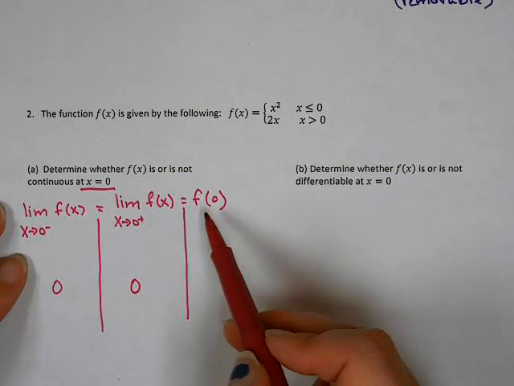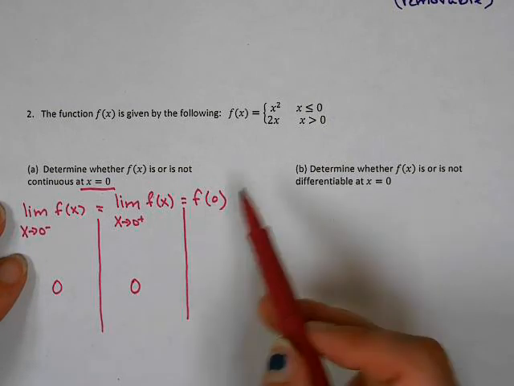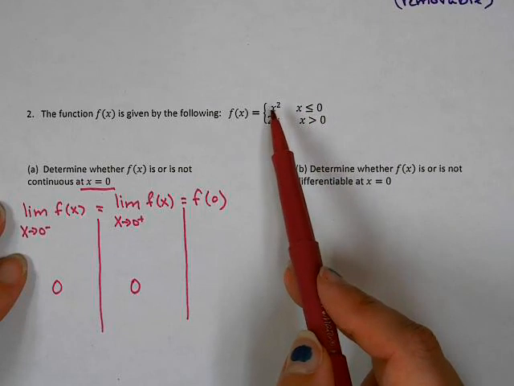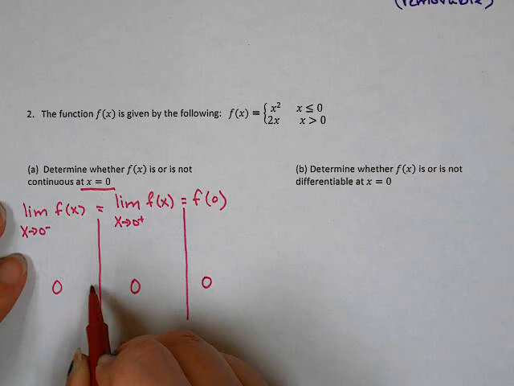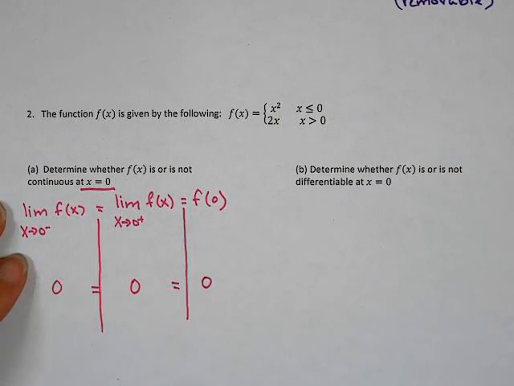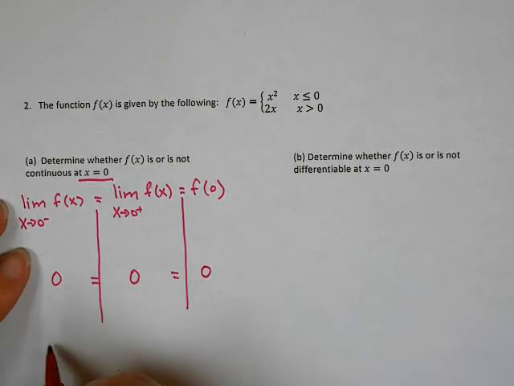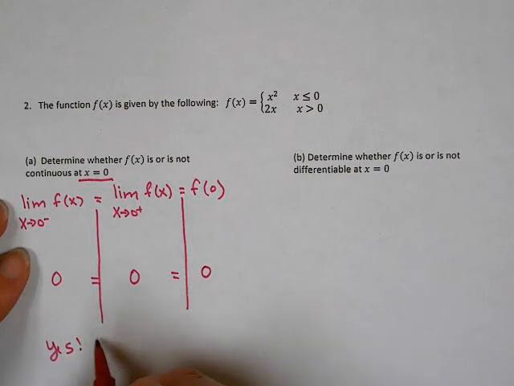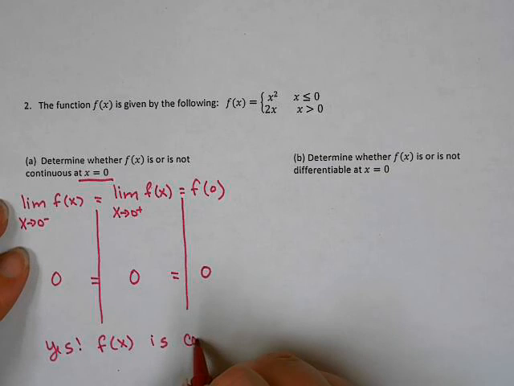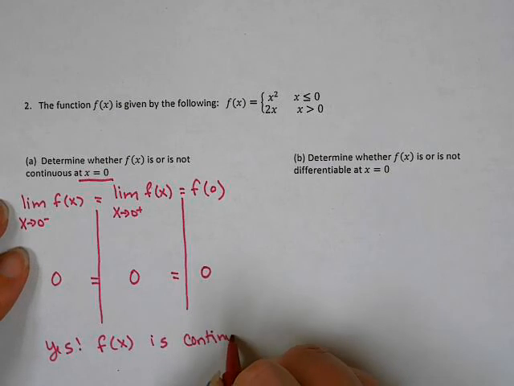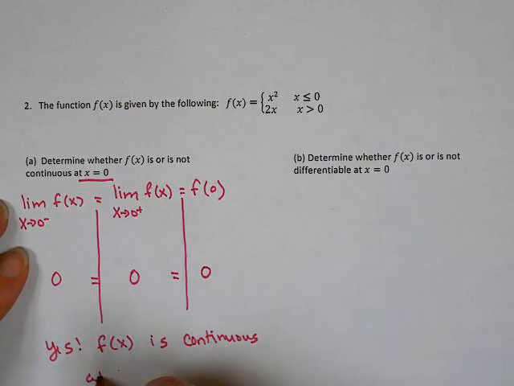And then f of 0 means where is x equal to 0? So it's equal to 0 in the x squared portion of the graph, which means it is also 0. And since all three of those pieces equal each other, we are able to say that yes, f of x is continuous at x equals 0.